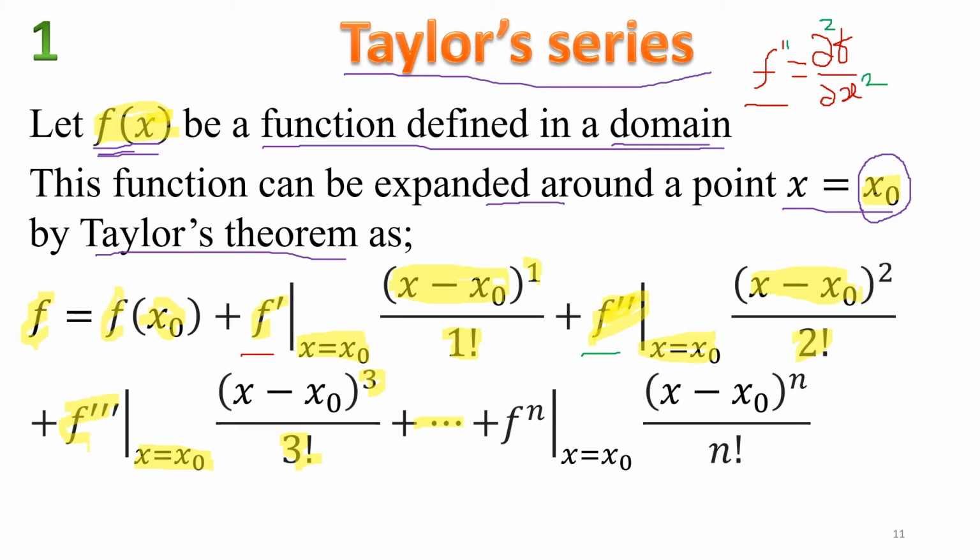And the last term is the nth order derivative of the function at x equal to x0, into (x minus x0) to the power n upon n factorial. Now obviously this is provided the nth derivative of this function is valid, but working out a couple of derivatives will also serve our point of interest, and it will be quite well approximated for practical considerations.